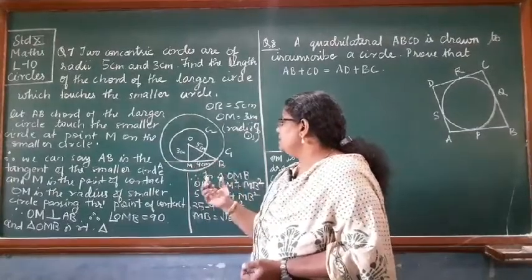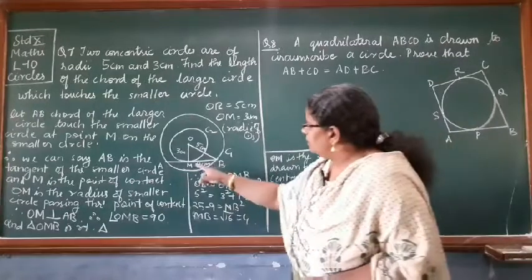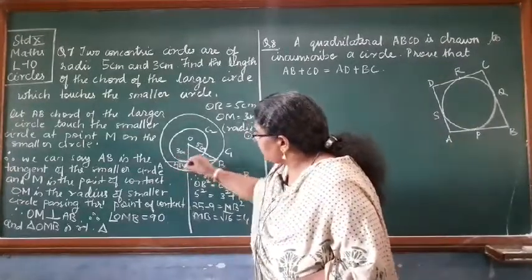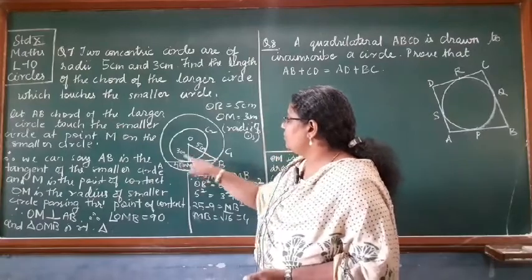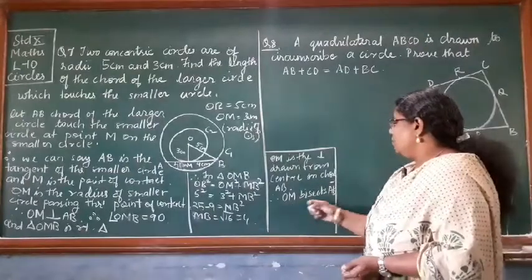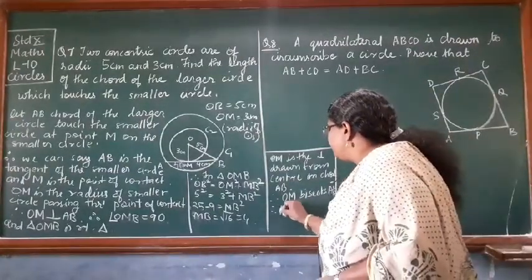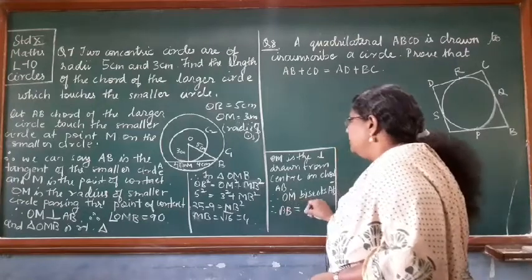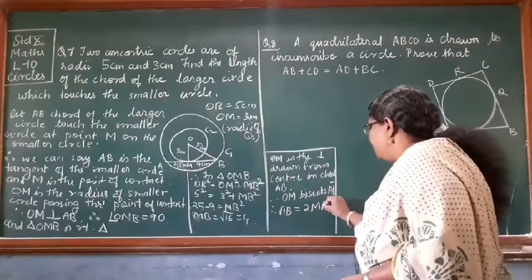So if MB is 4, then what will be AB? AM भी 4 ही हो जाएगा ना, because it is bisecting, that OM is bisecting. अगर इस ये वाला मेजरमेंट 4 है तो AM will also be 4. Okay, so OM bisects AB. Therefore, AB will be equal to what? 2 times MB.